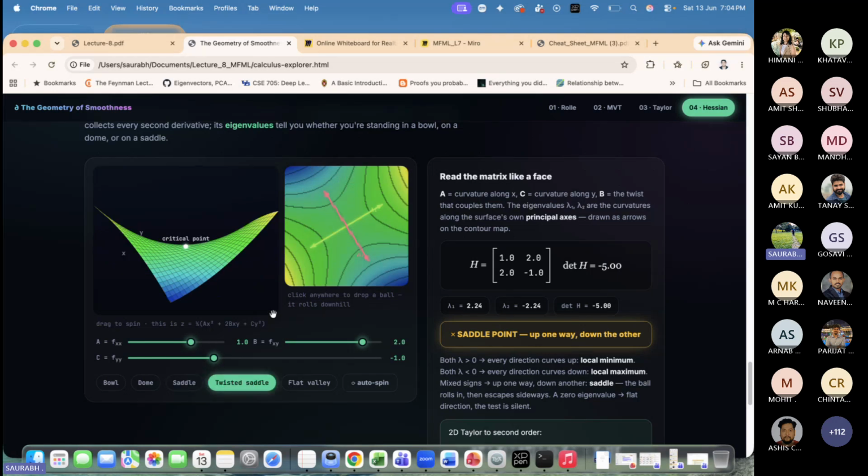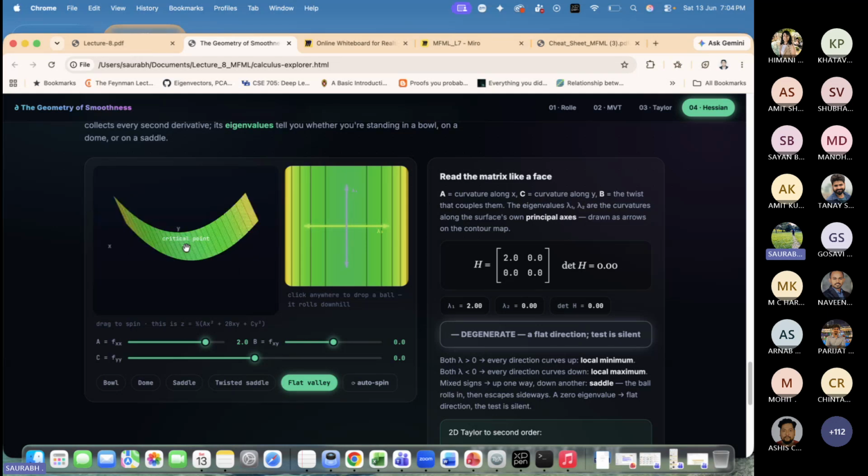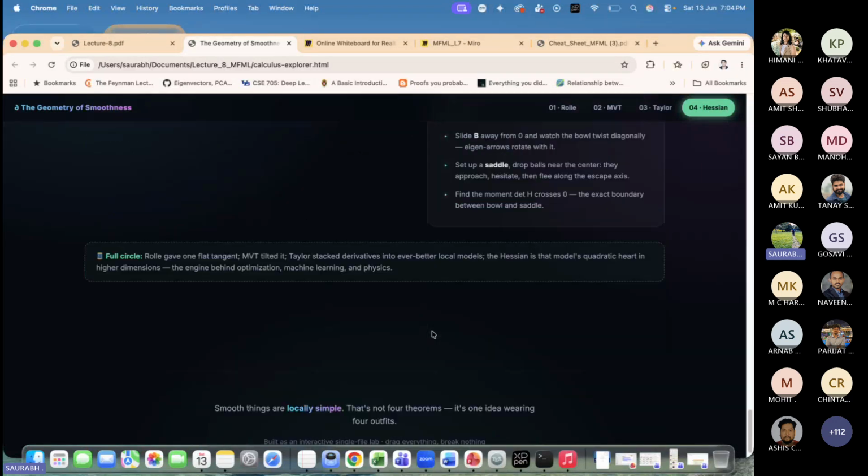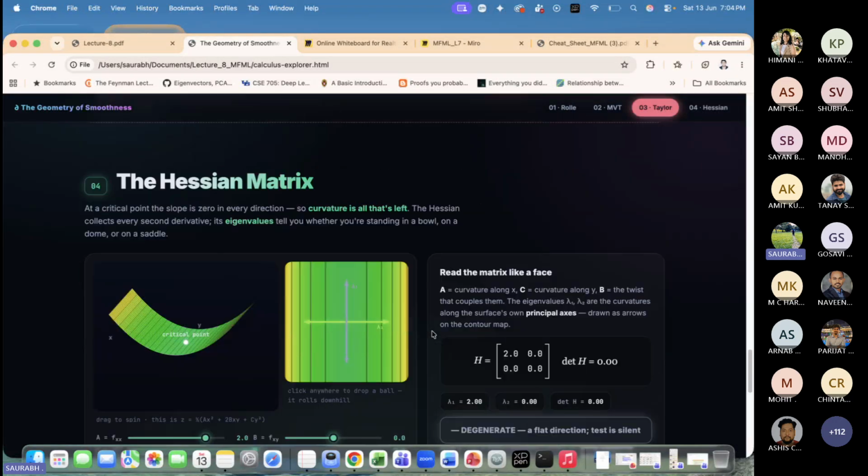Twisted, this is how it would look like. Degenerate solution, saddle point, sorry. And then flat valley. This is what we also looked into, wherein in one direction there is change happening, and in the other direction the change is not happening at all. So if you would want to look into spinning it, you have all of those things. But anyways, this is how you can do all of these things.